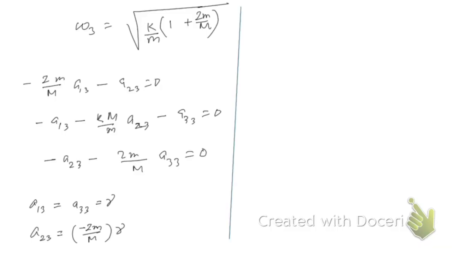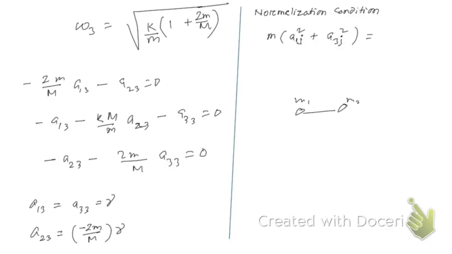Then we're gonna apply the normalization condition, which is m a1j square plus M a2j square plus m a3j square. This was m1, this was m2, and this was m3, right?